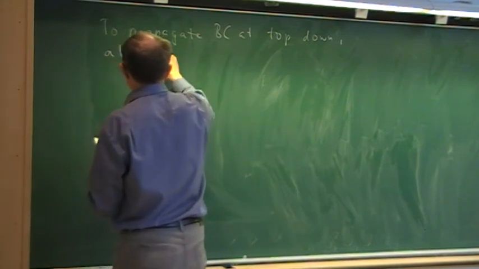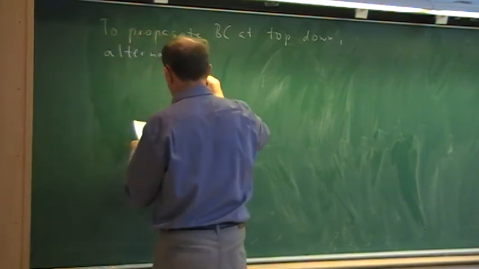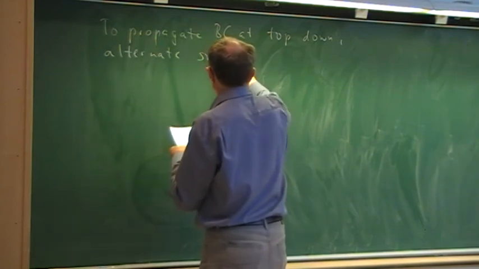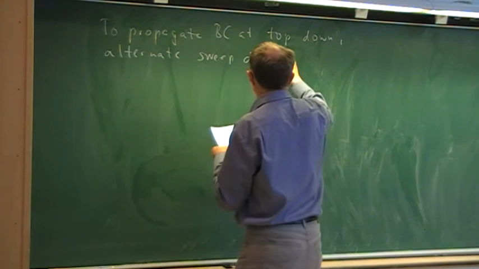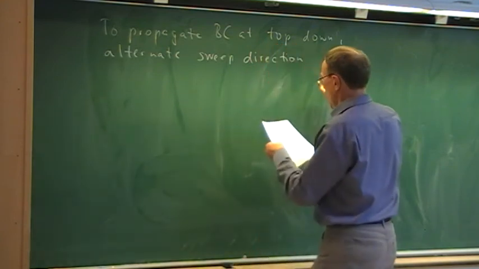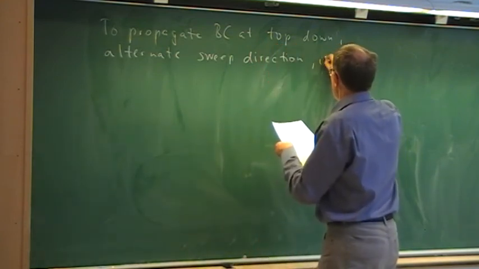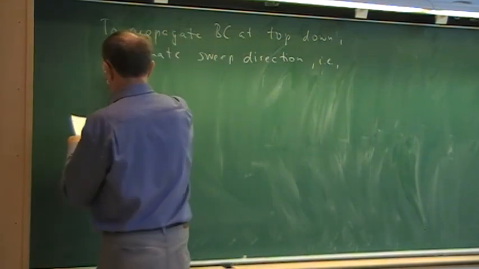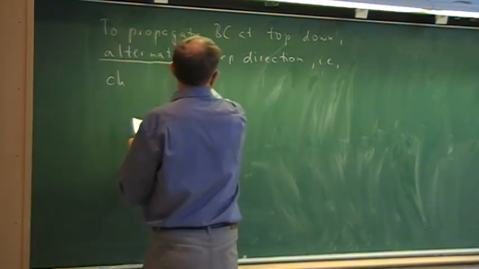Here we see the name alternating line Gauss-Seidel, the sweep direction. That means we alternate sweep direction.